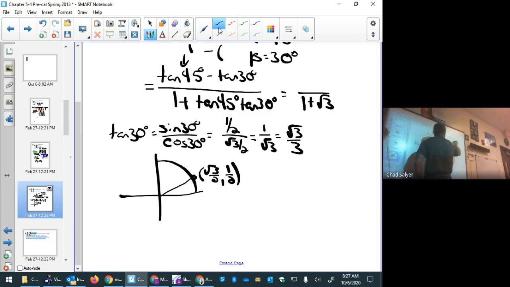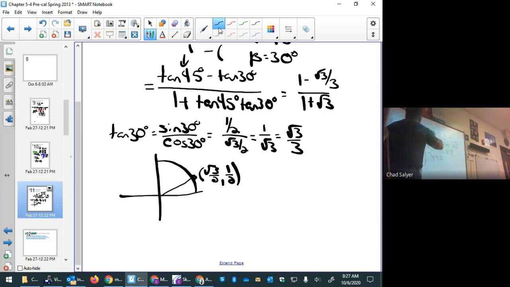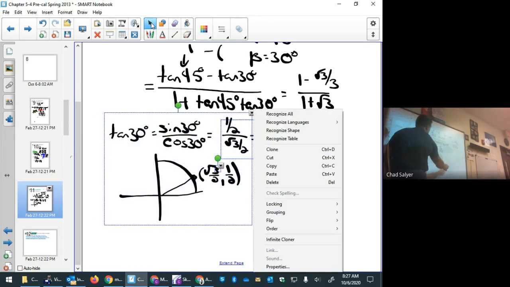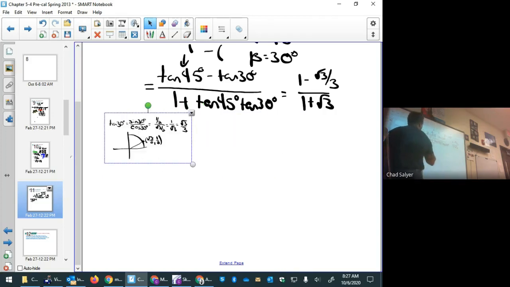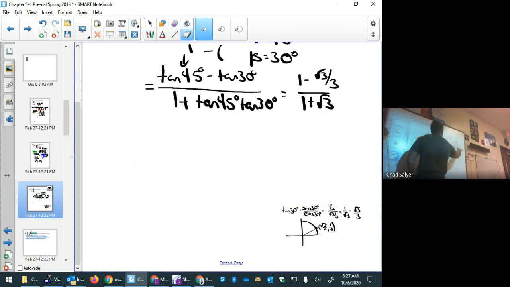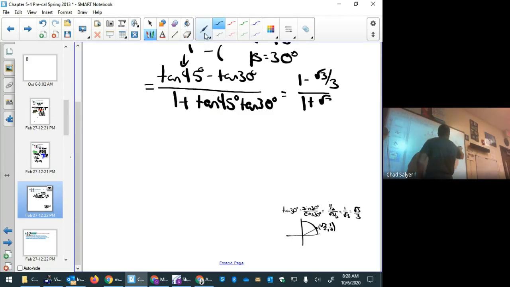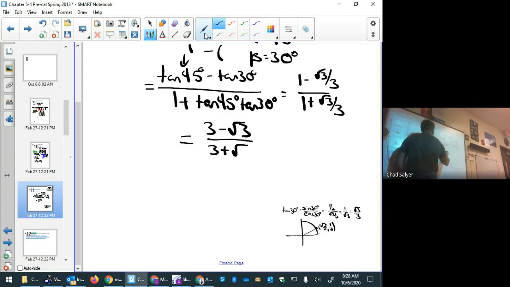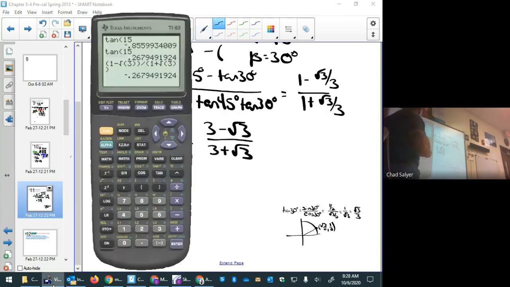So 1 minus radical 3 over 3 for the numerator. And then for the denominator, it's 1 plus 1 times radical 3 over 3. Usually don't leave a complex fraction in place, so I'm going to multiply through by 3. So let's see if that corresponds.